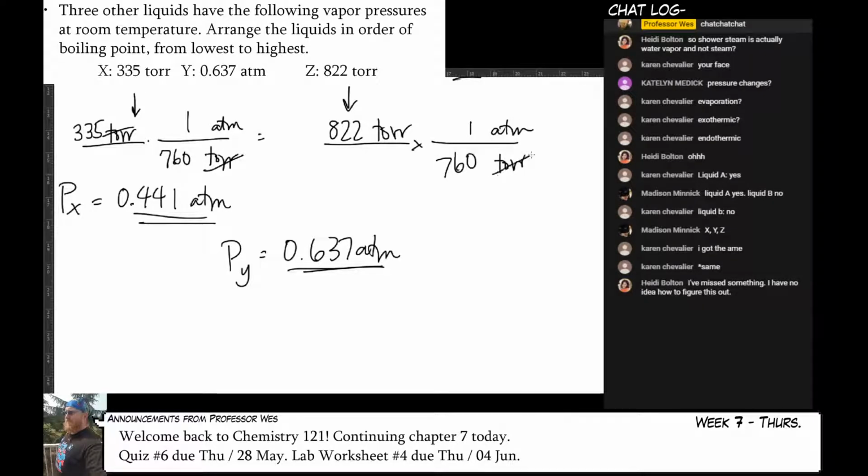And you might do this calculation and go, wait a second, I got a number that was higher than 1 ATM. We'll put PZ down here. And you can do that. What would that imply the boiling point must be, though? If these are vapor pressures at room temperature, what would the boiling point of Z be? Would it be at room temperature, above, or something else?